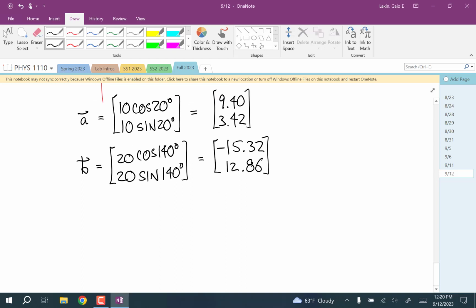Now it's just a matter of adding these two, so A plus B is equal to 9.40, 3.42, plus negative 15.32, 12.86.